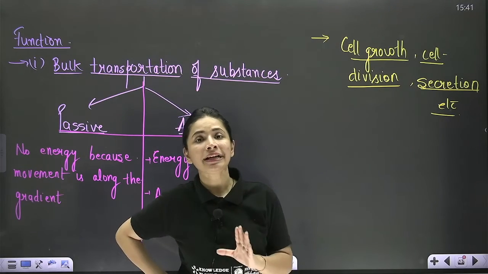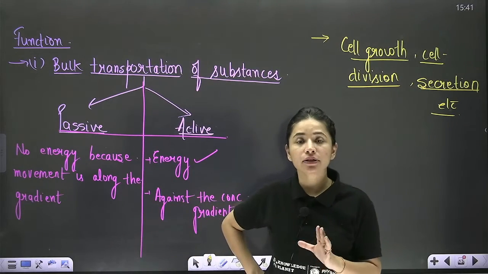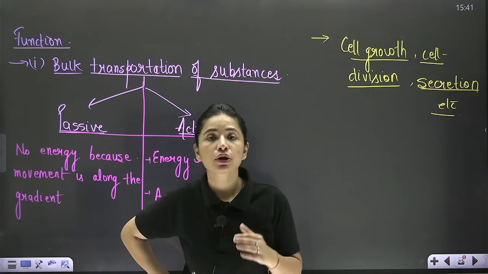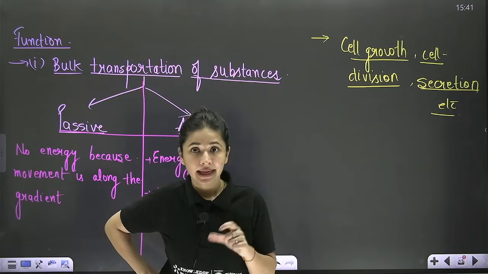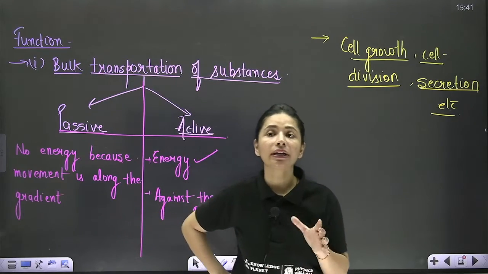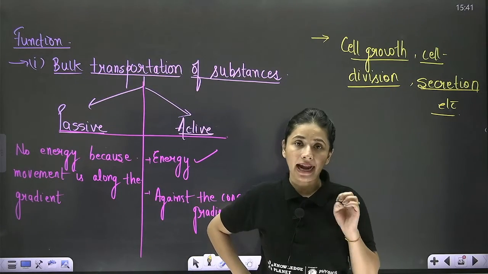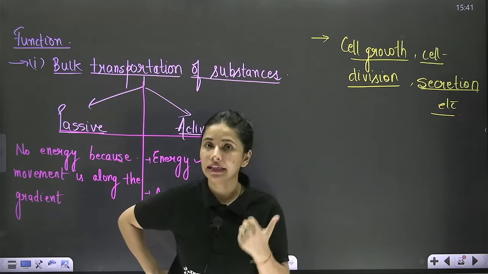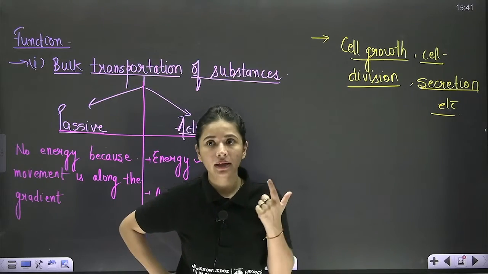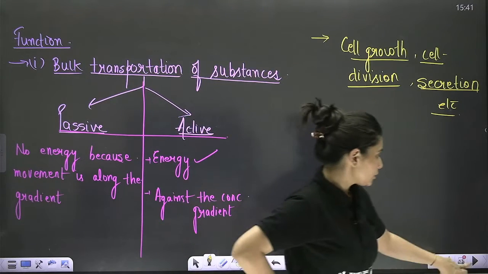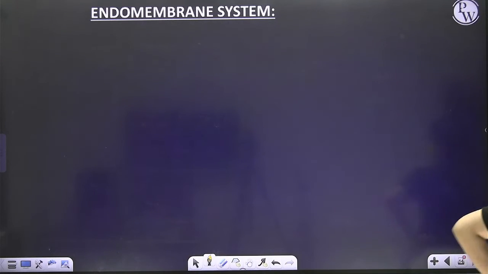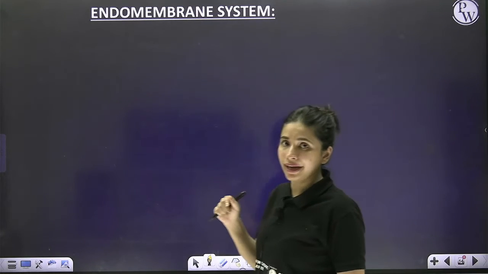This endomembrane system comprises a set of cell organelles whose functions are intercoordinated, interdependent on each other. And it comprises ER, Golgi body, lysosome and vacuole. Right? So now we are going to start with the concept of the endomembrane system.